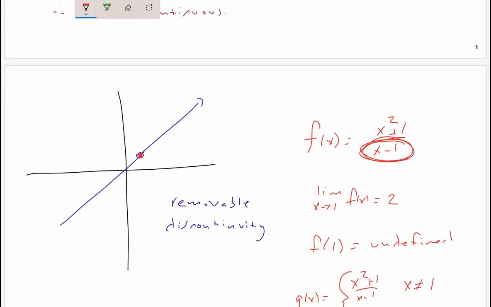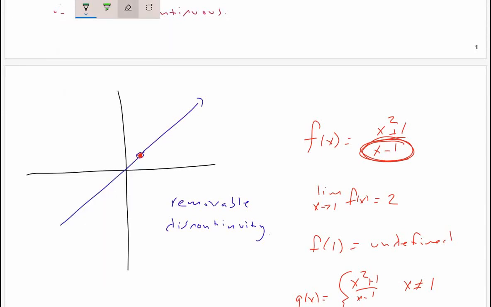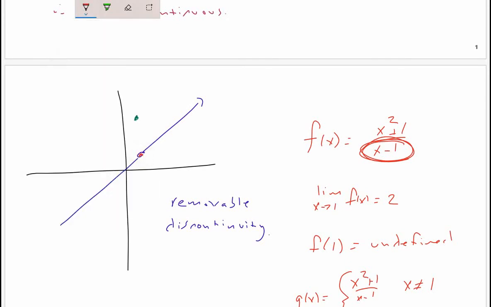If I already had a function, let's go back to this one, and it had a hole in this piece of it, a little hole there, and then our function was defined up here, we couldn't add another point right here, because then it wouldn't be a function anymore.